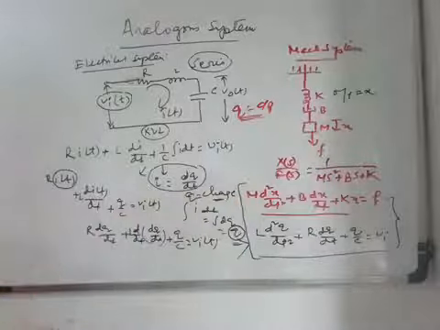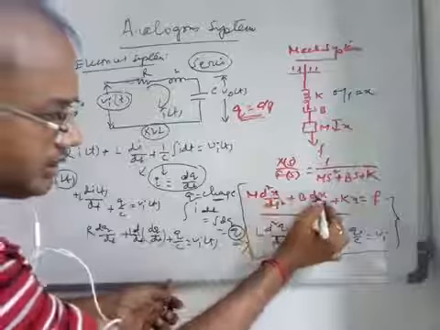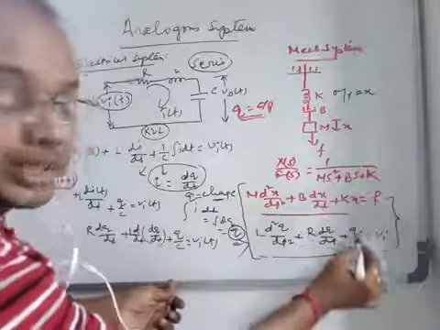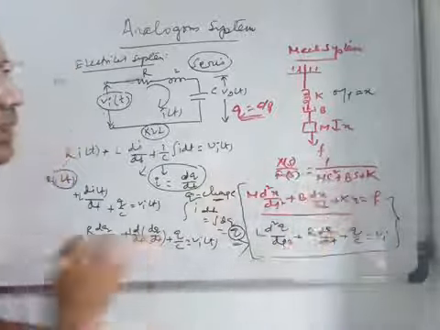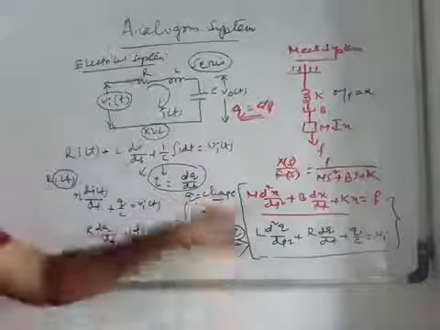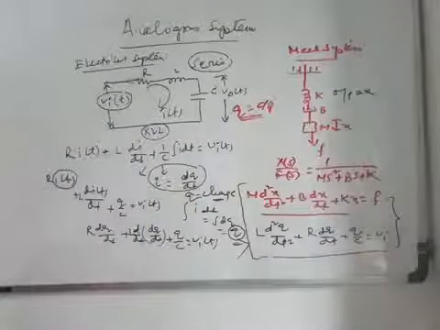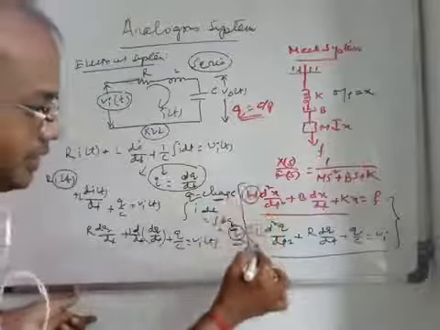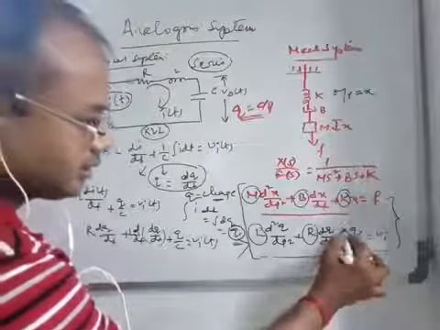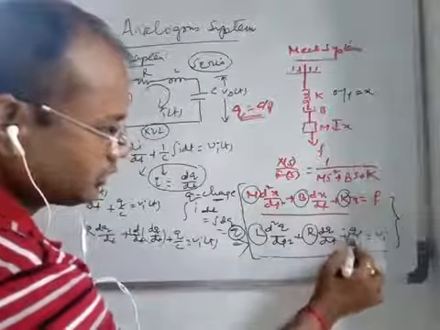So you see, d²/dt² of x, d/dt of x, k times x, and d²/dt² of q, d/dt of q, and (1/C) times q. With these two differential equations for the mechanical and electrical systems, you get the similarity between all the corresponding quantities. This is m, this is L, this is b, this is R, this is k, and this is 1 upon C.